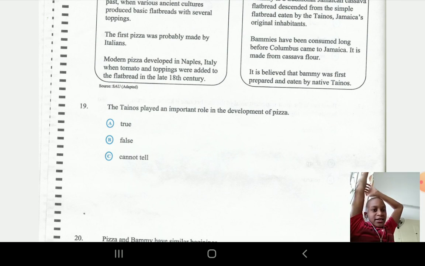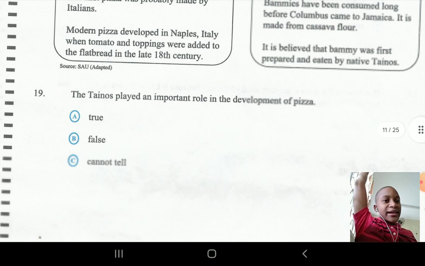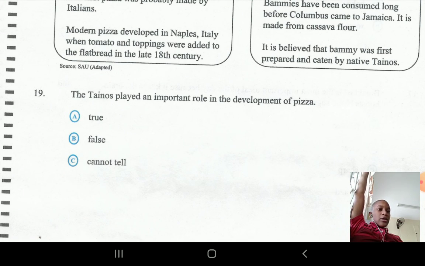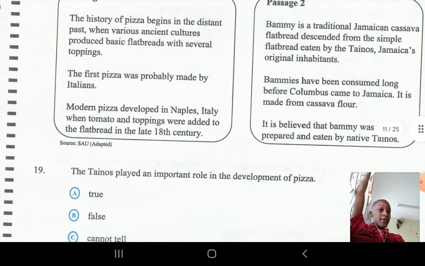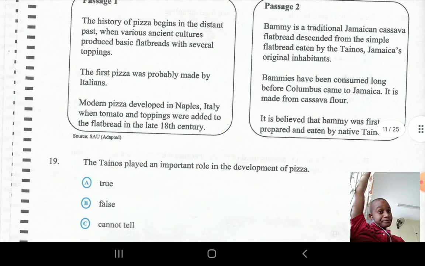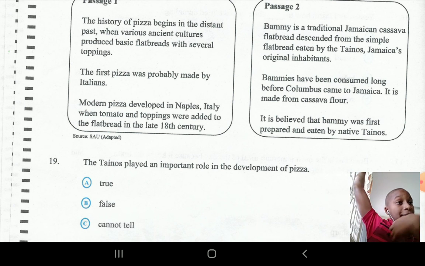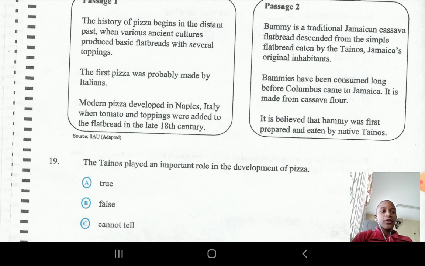Okay, question 19. The Tainos played an important role in the development of pizza. They're both flatbreads, but that would be false or cannot tell.